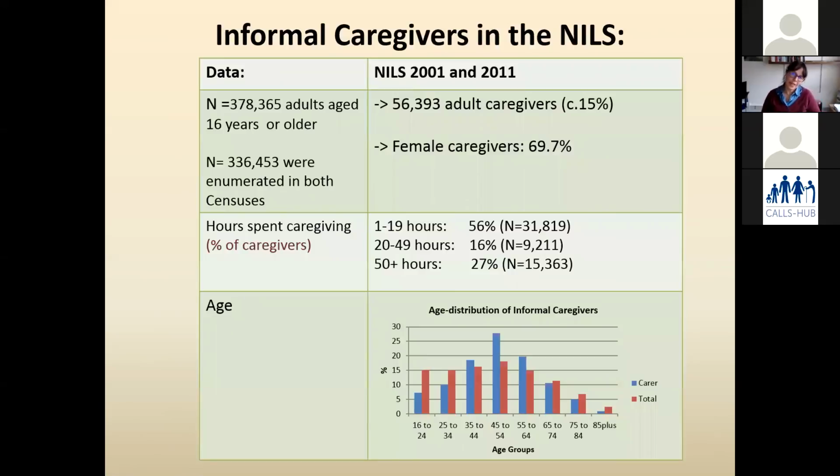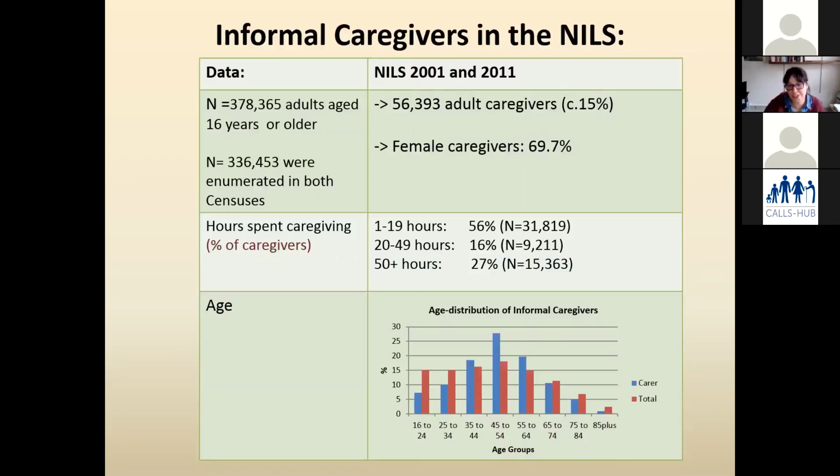In our sample, 15% of the respondents are informal caregivers, which is 56,393 persons. 70% of them are female caregivers, and if we look at the hours spent caregiving, the majority spent between 1 and 19 hours per week, that's 56%, but quite large groups, 16%, spend 20 to 49 hours per week delivering informal care, and 27% 50 plus hours.